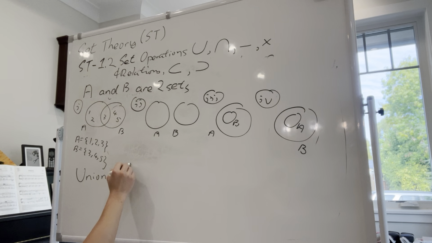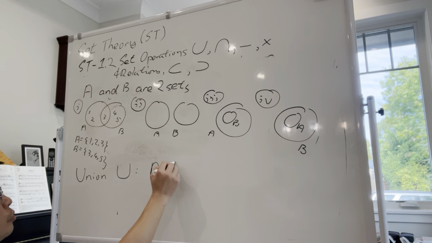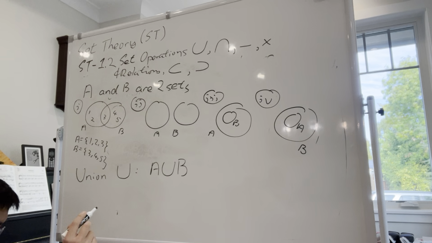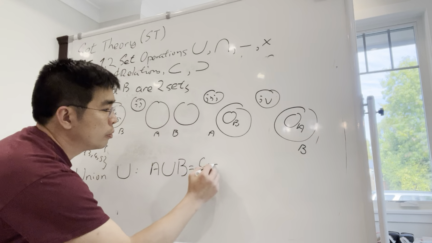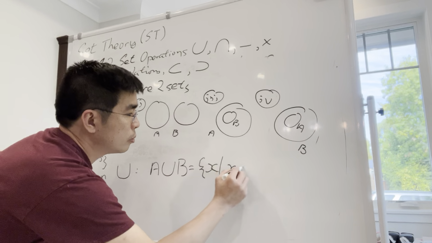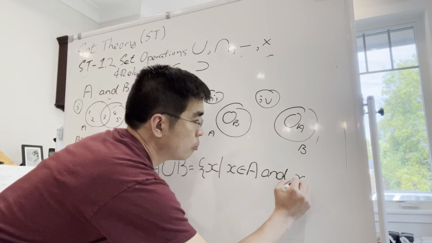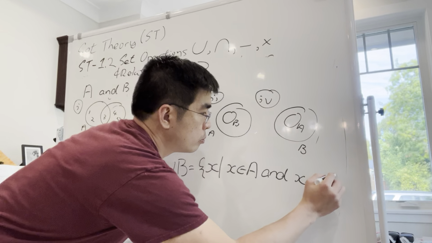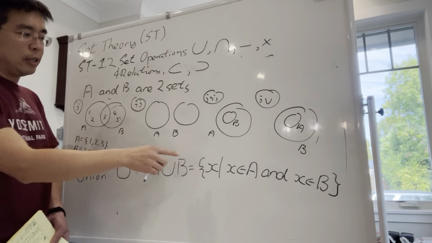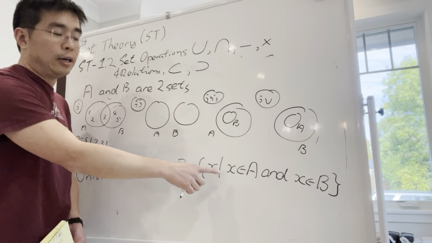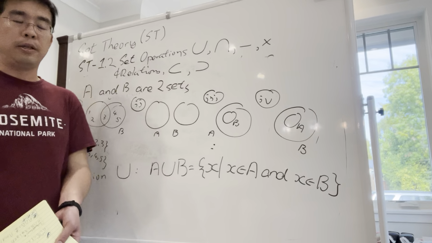And the symbol is like a capital U. So A union B, this is the definition of A union B. I use another new notation, but this vertical bar, you could think of this as the same as just a colon, meaning a description of what the set element is.